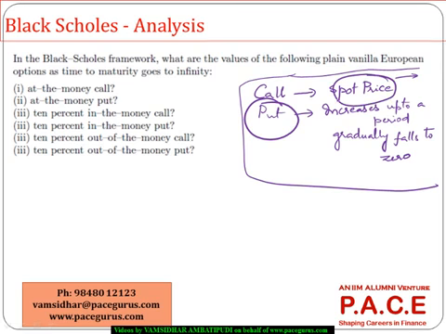But in case of a put, it increases only up to a certain period, and after that I see that the price of the put is gradually going down and finally touching 0 as the time to maturity is going closer to infinity. Alright, this is an excellent understanding that we can get of the behaviors of the call and put with respect to time to maturity.